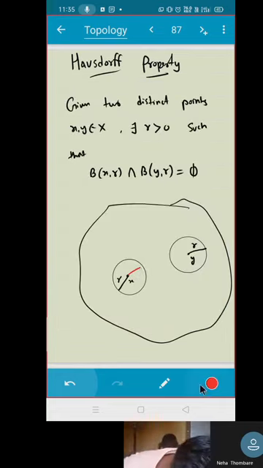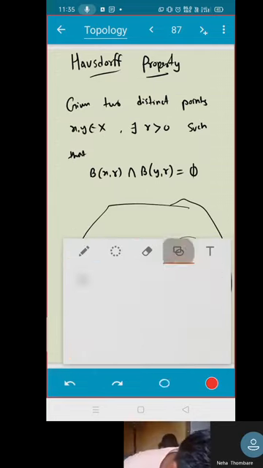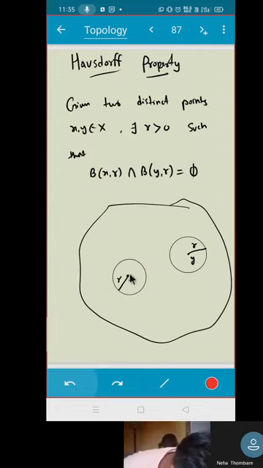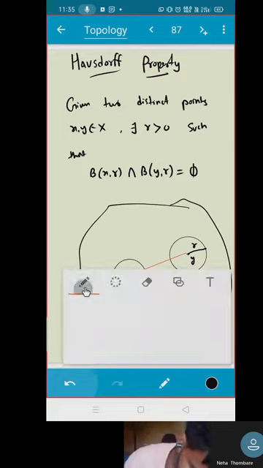What will the distance between x and y be? It is greater than r. Yeah, it is greater than, even greater than 2r also, correct? Do you agree, Payal?